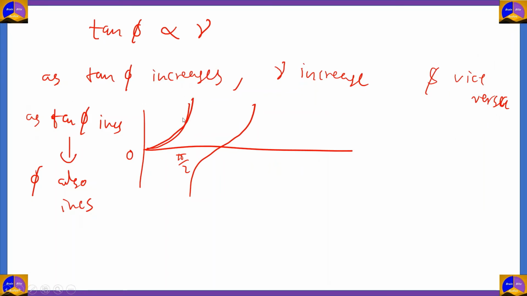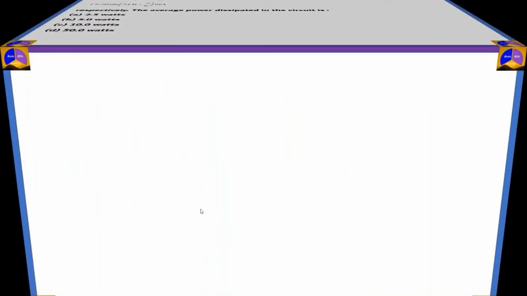And since we know using the graph that tan phi reaches its maximum value at pi by 2 and its least value is at 0, there is an increase in the phase angle. So when the frequency is increased, the tangent ratio of phi is increased, which means phi also gets increased. Option D is the right option.